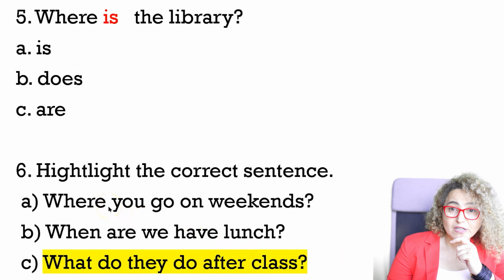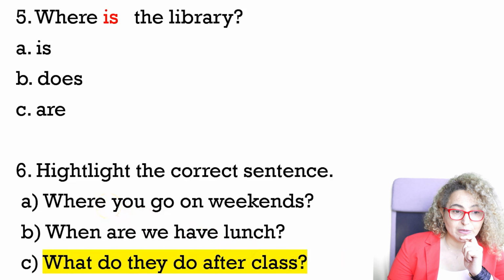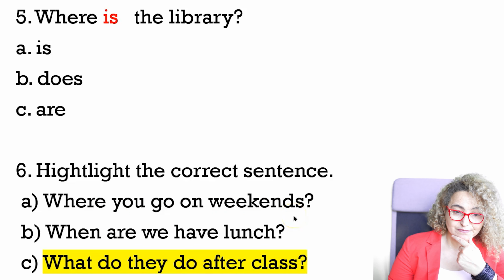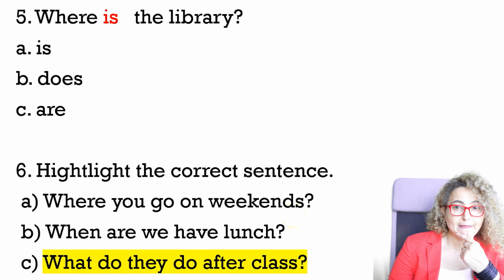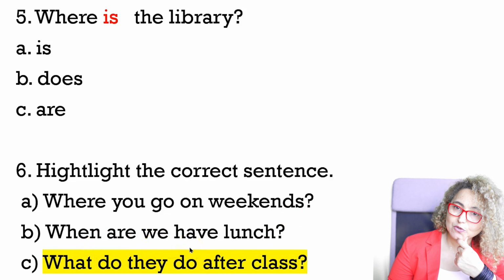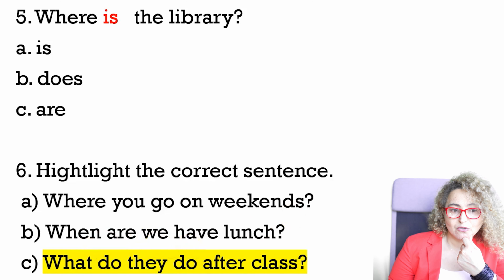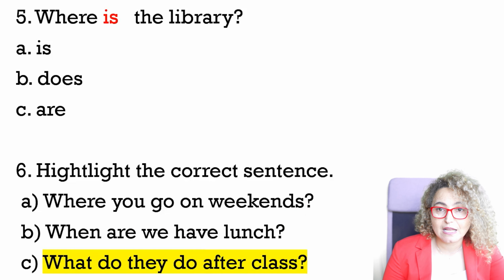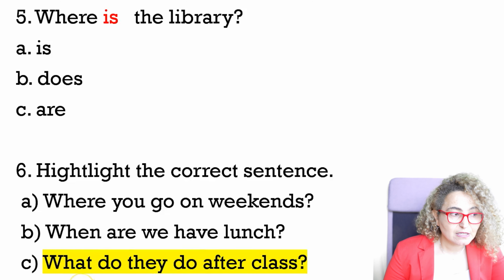Number A is wrong because there's no helping verb. If I want to make it correct, I will say, where do you go on weekends? Okay. When are we have lunch is also wrong. We can say we have lunch at 10 o'clock. When do we have lunch? So it needs the helping verb. So C is the correct answer.